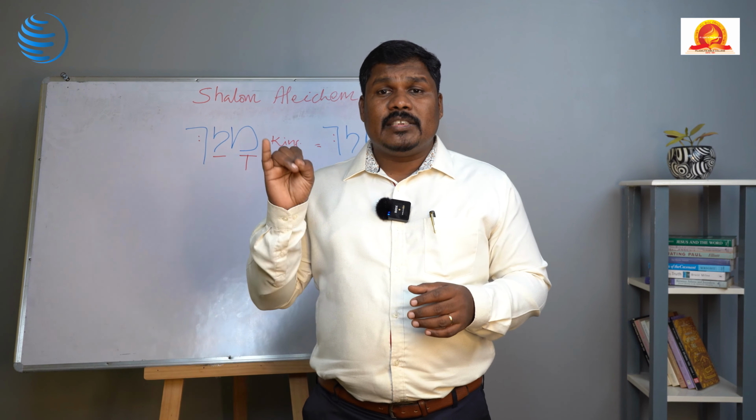Hebrew verbs can indicate person, gender, and number by certain patterns of inflection. So once again, we have to keep in mind that a verb can indicate person, gender, and number by certain patterns of inflection.